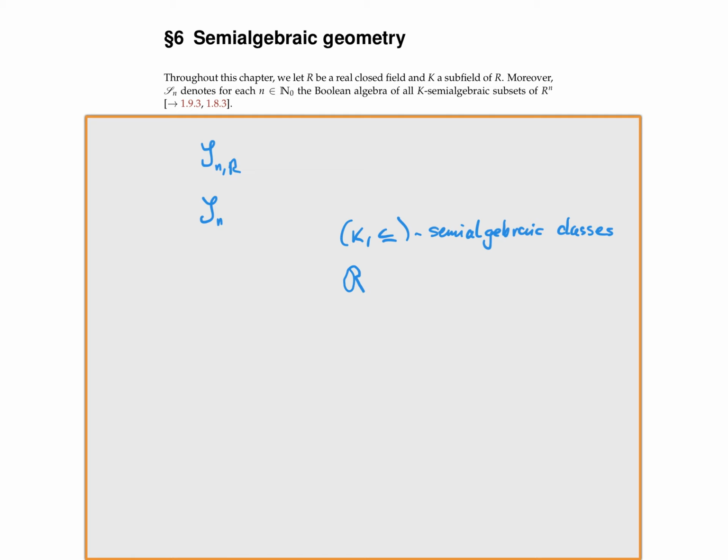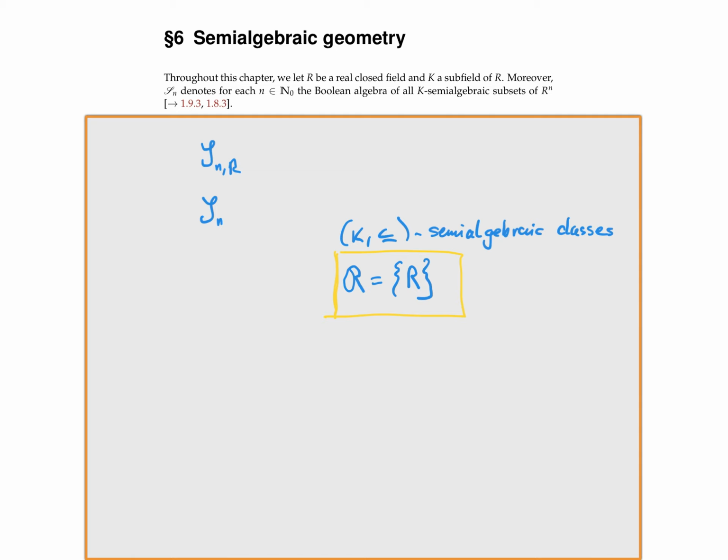But you don't have to take all real closed extension fields. You could just as well take one real closed extension field, and that's in some sense what we do here, because in this section we are really working with semi-algebraic sets and no longer with semi-algebraic classes.